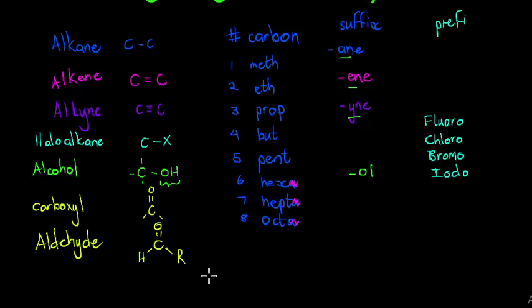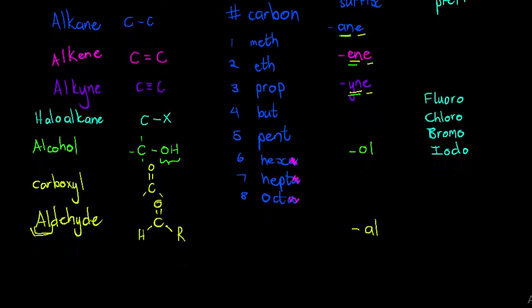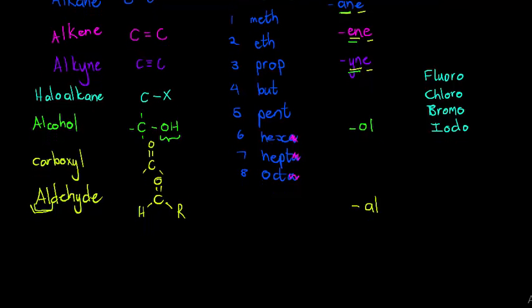The way that we would write that is either an, en, yn, depending on the structure, but instead of ending on an e, it would end on an al, as in methanal, ethanal, propanal. Where does that al come from? It is from aldehyde.